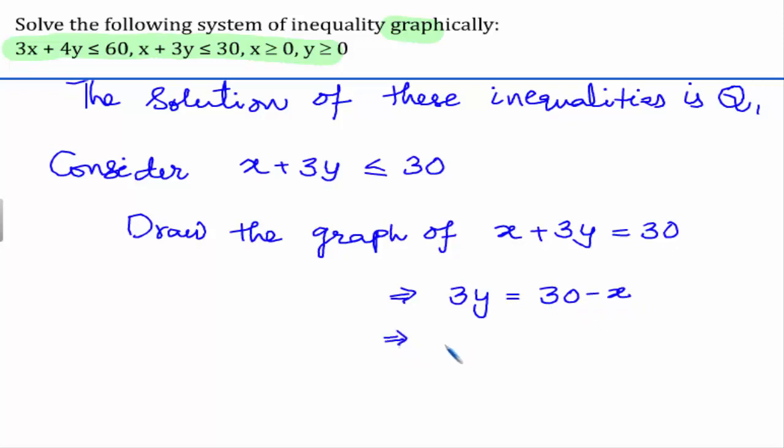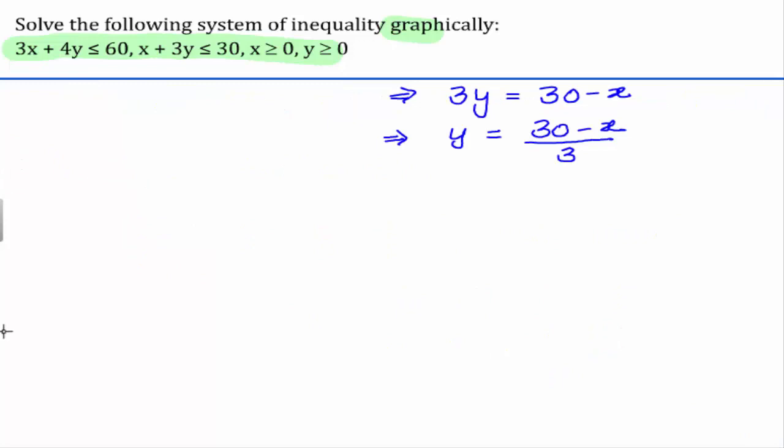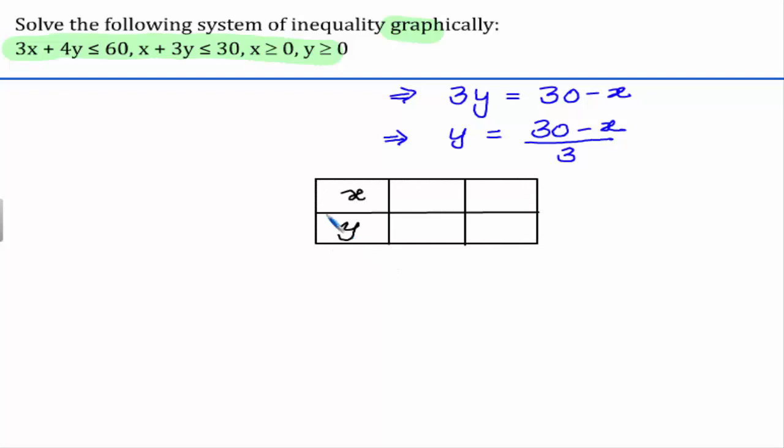If we simplify further, we get y is equal to (30 minus x) by 3. Now let us find out the ordered pairs for this so that we can draw the graph easily. Now let us select the values for x. If x is equal to 0, this will be 30 by 3, that is 10. If x is equal to 30, then the y value will be 0. So the ordered pairs which we are getting are (0, 10) and (30, 0).